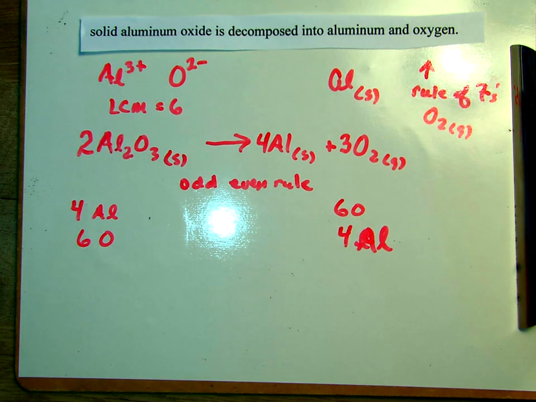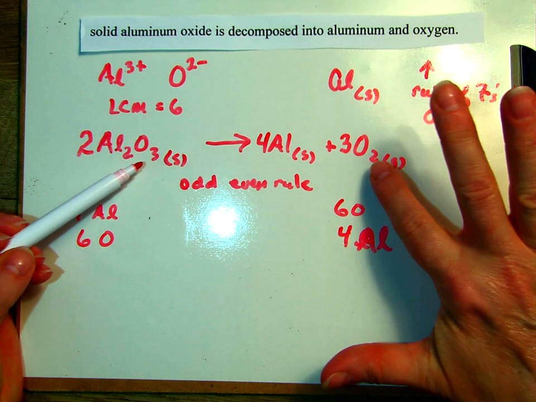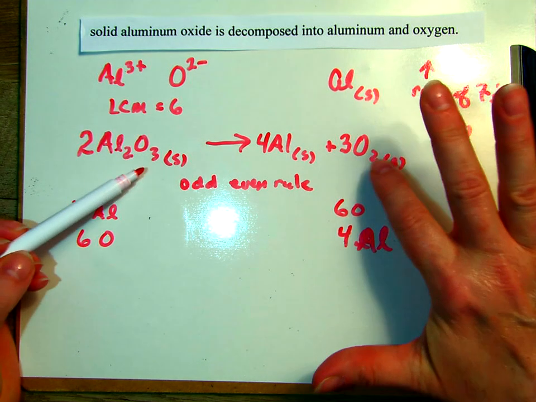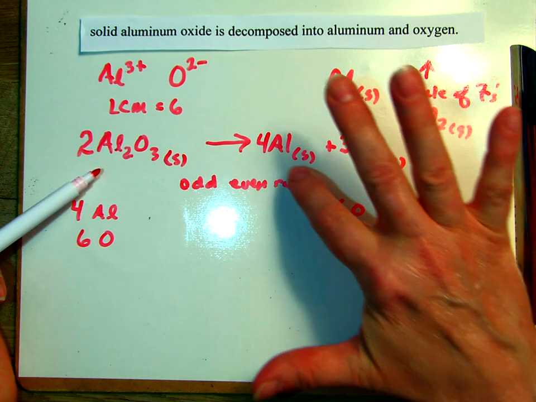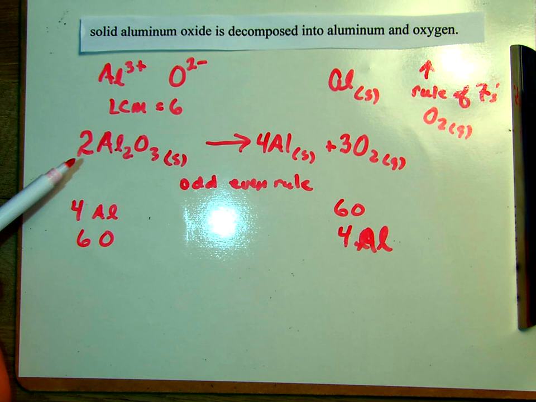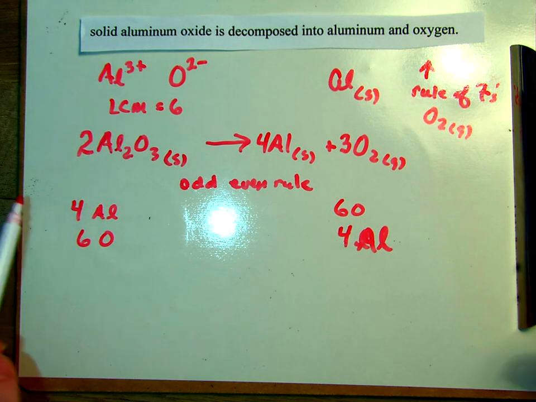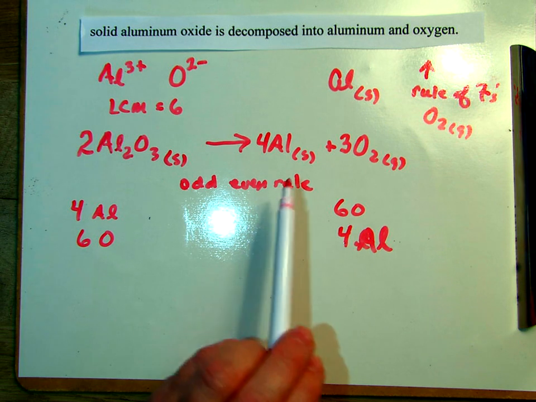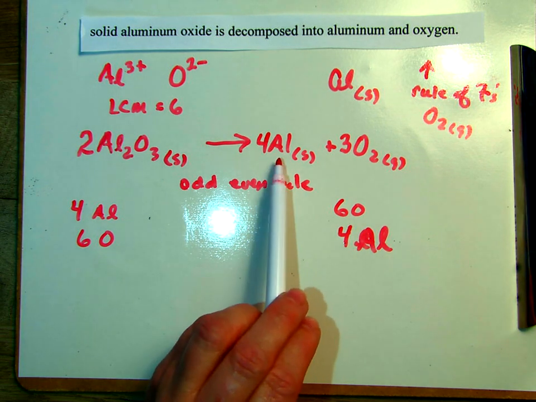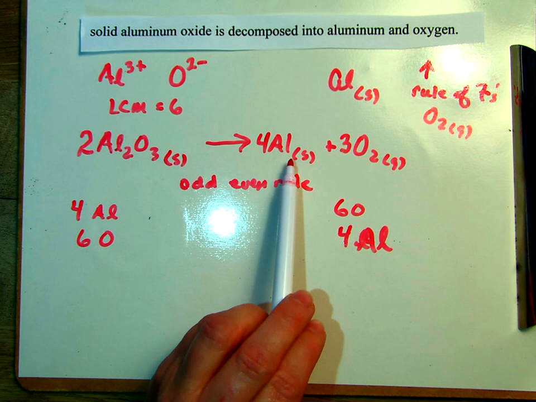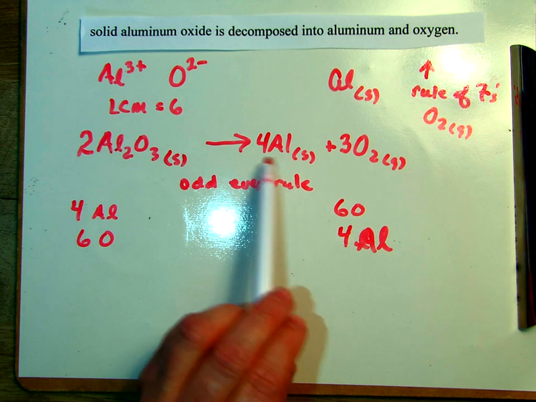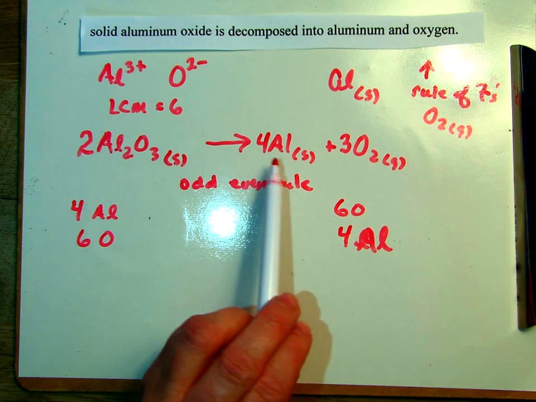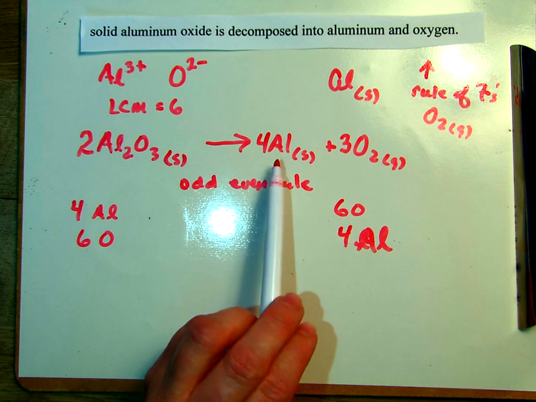Okay, so you may wonder why I started with the oxygen using the odd-even rule instead of the aluminum, and that's because the aluminum looked more flexible. And what do I mean by that? Since there was no subscript on the aluminum on the right-hand side, I knew it would be easier to get the number of aluminum atoms we needed to balance this.